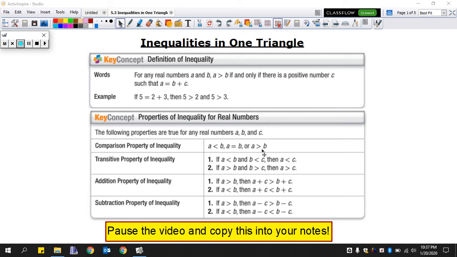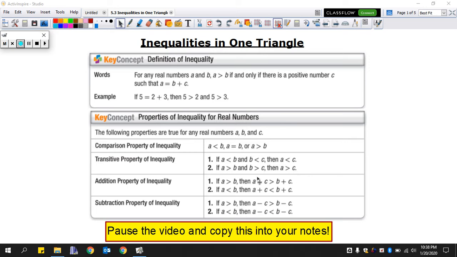That's the comparison property. The transitive property says that if A is less than B and B is less than C, then A is less than C. And the same thing is also true for greater than. If A is greater than B and B is greater than C, then A is greater than C.